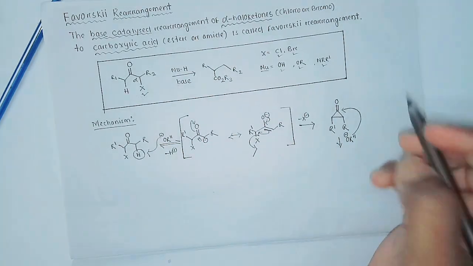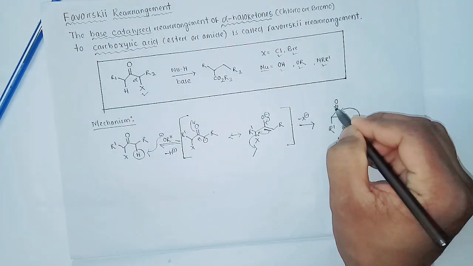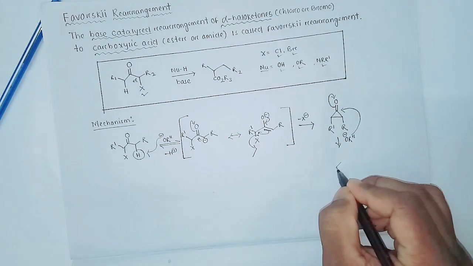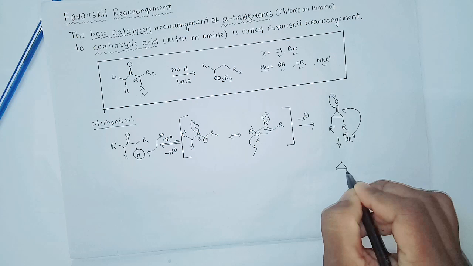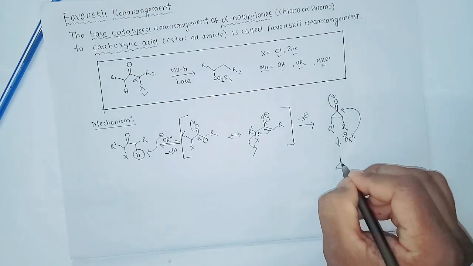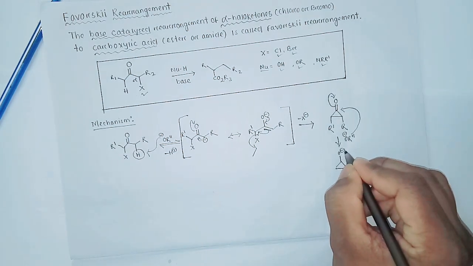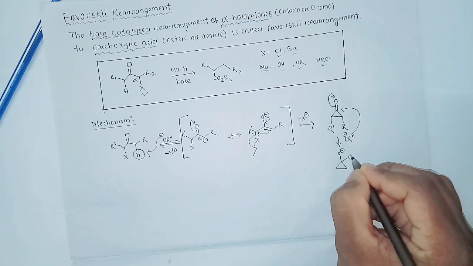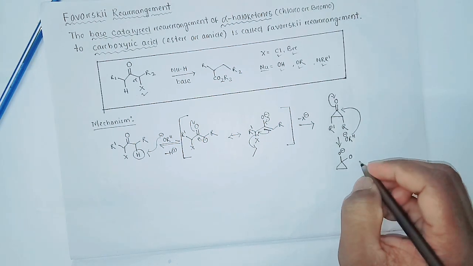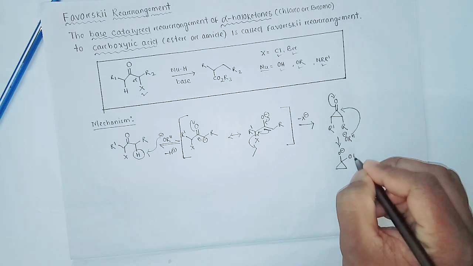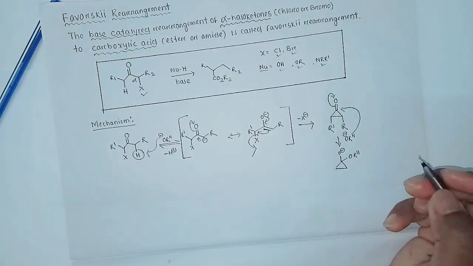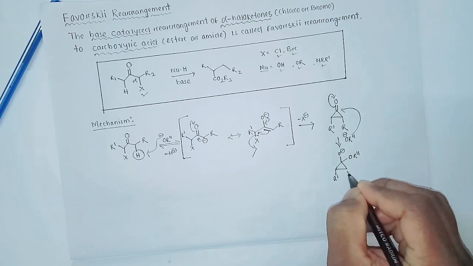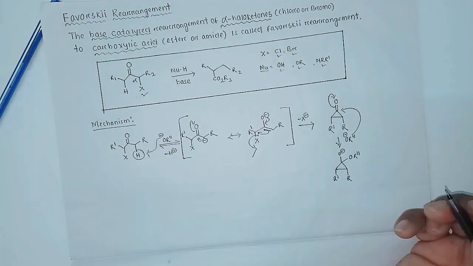Then this bond shifts towards oxygen, so finally we get an oxygen negative charge and this OR group, and this is R dash, this is the R group.